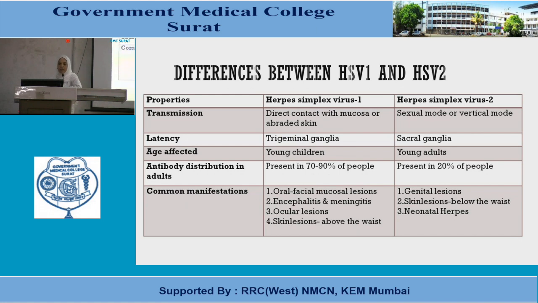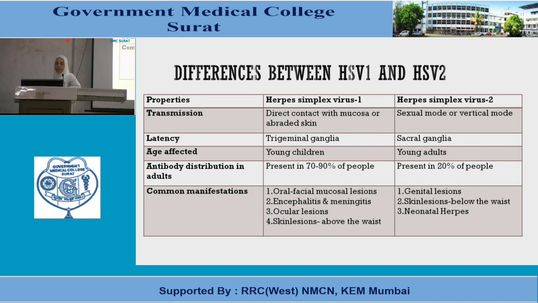The latency in type 1 is the trigeminal ganglia or neurons, but in type 2 it is the sacral ganglia. Type 1 affects younger children, while type 2 more commonly affects young adults. Now if you see the antibody distribution in adults, in type 1 you can see 70 to 90% of people will have antibodies, while for herpes simplex 2 only 20% of adults will have these antibodies.